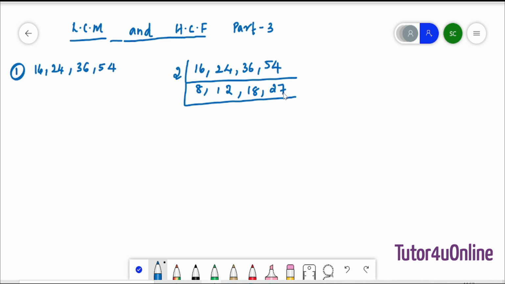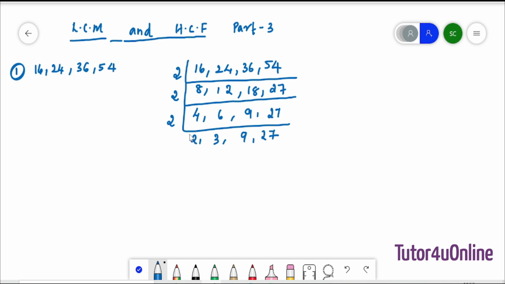So what we can do is take 2 here, then 4, 6, 9. 24 you can write as it is. Again we can factorize 2, 4, 6, 9. So 4 and 6 are divisible by 2. So 2, then 3. Then you can write 9 as it is, and 27.